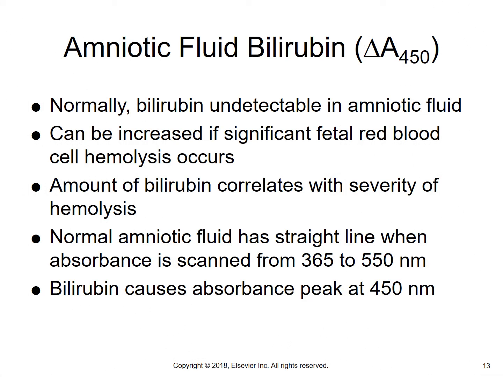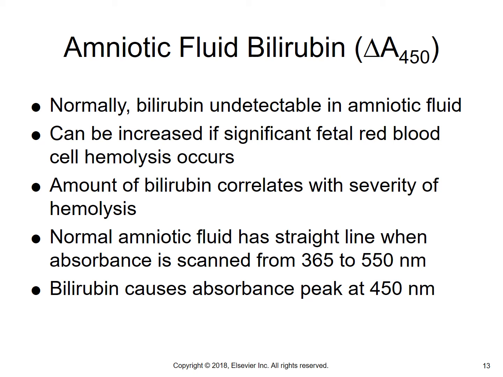In normal gestation, bilirubin is not really detectable in amniotic fluid. During normal red cell destruction in the fetus, the unconjugated bilirubin produced is removed rapidly by the placenta into the maternal circulation. Because the fetus has an immature liver, when there's a hemolytic disease process, it causes increased and persistent hemolysis of the fetus's red blood cells.